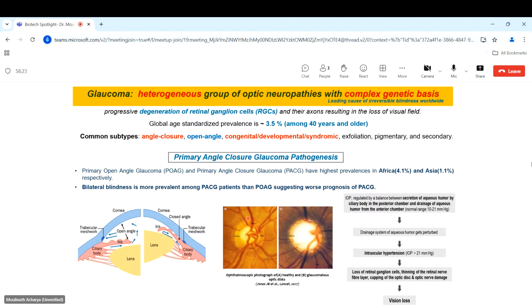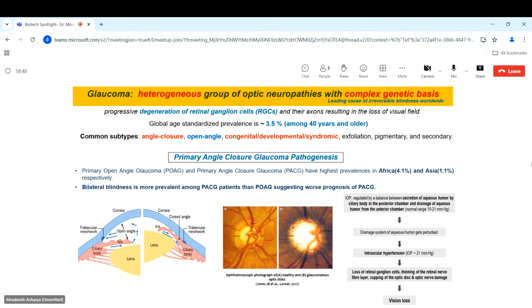you can see this is a normal eye where this is the disc and this is the cup. So it is like a hollow pipe. The cup is the hollow part and the disc is the rim. As you can understand, if the pipe becomes more hollow, that essentially means that the rim is becoming thin.